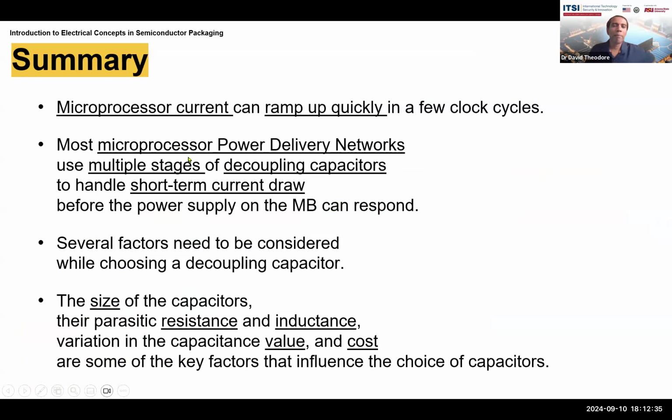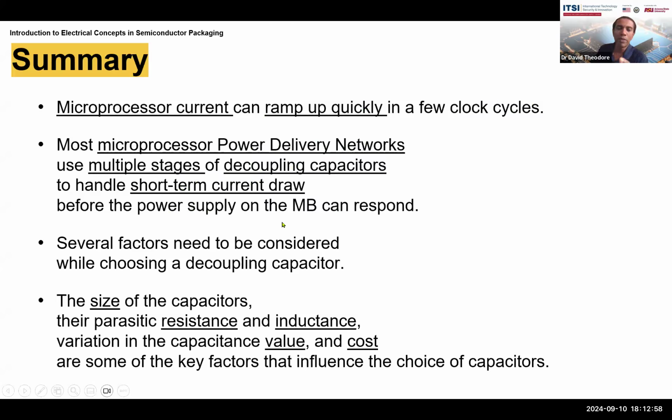So in summary, microprocessor current can ramp up quickly in a few clock cycles, as we saw. Most microprocessor power delivery networks use multiple stages of decoupling capacitors to handle the short-term current flow before the power supply on the motherboard can respond.